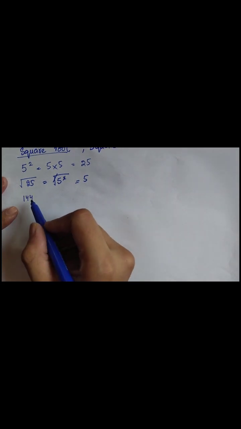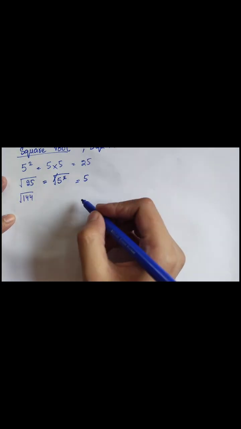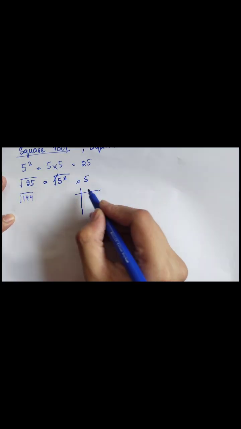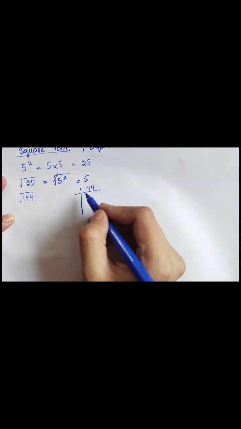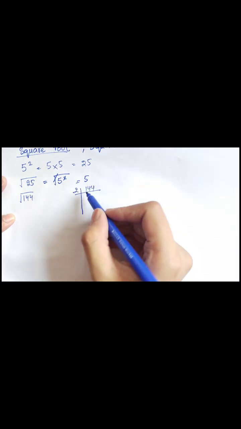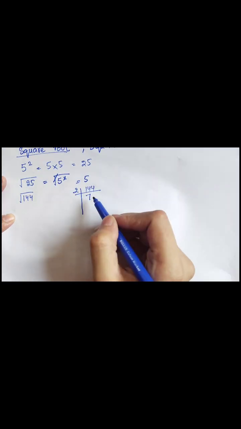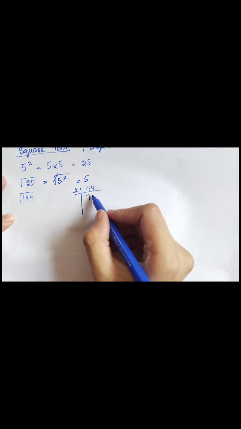For example, if I want to take the square root of 144, I don't know what the factors are. So to find the factors we will use this method. You have to divide it and make factors of it.